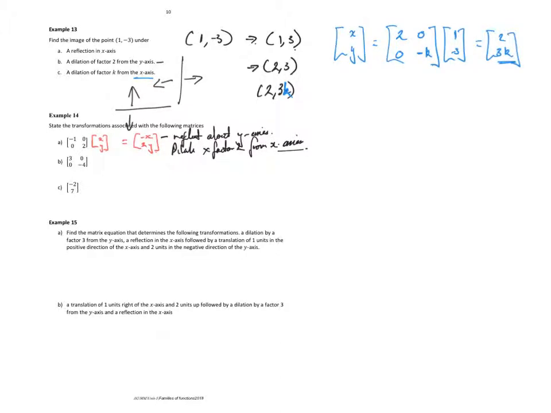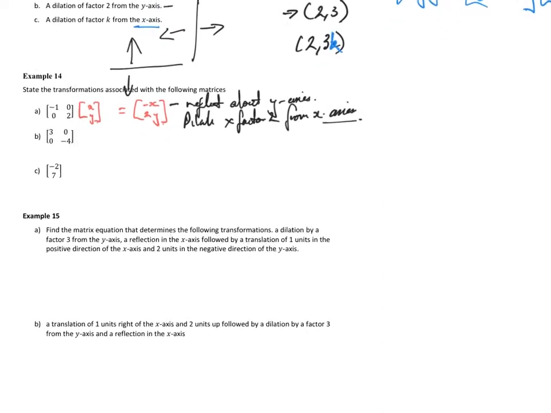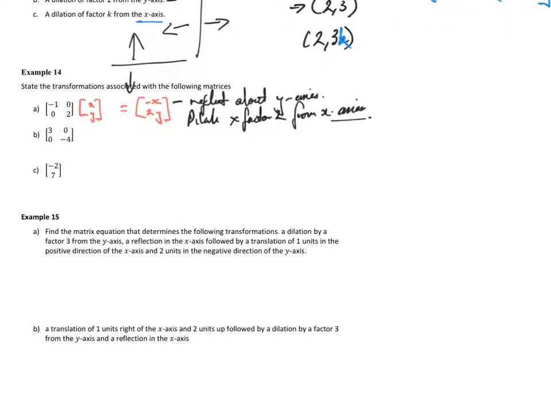At that early stage, I think sometimes it might be worth just putting the little x, y in until you're confident with what impact each of these things have. So if I expand that, I get 3x minus 4y. Hopefully we can tell that there's a couple of dilations there.